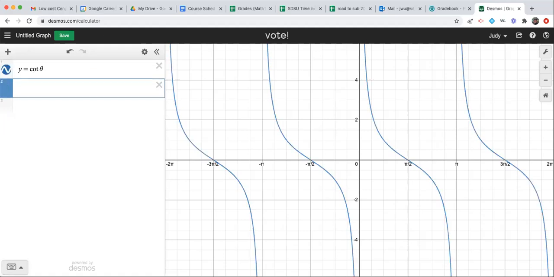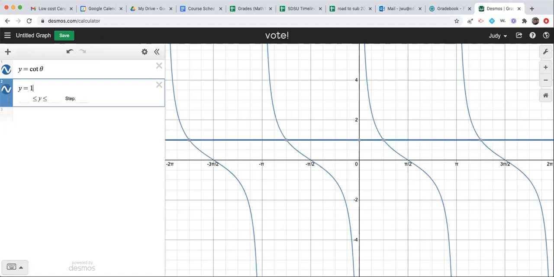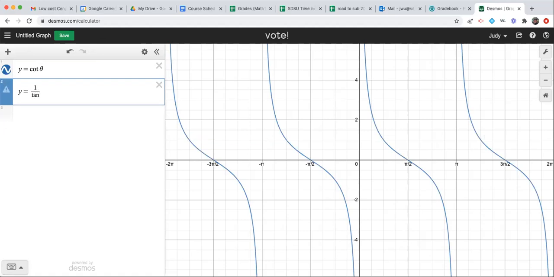The other side of the equation said 1 over tangent. So I'm going to graph y equals 1 divided by tangent theta. Okay. And I'm going to change this one to be red to match our notes. Let me turn the red one off for a moment so we can see.